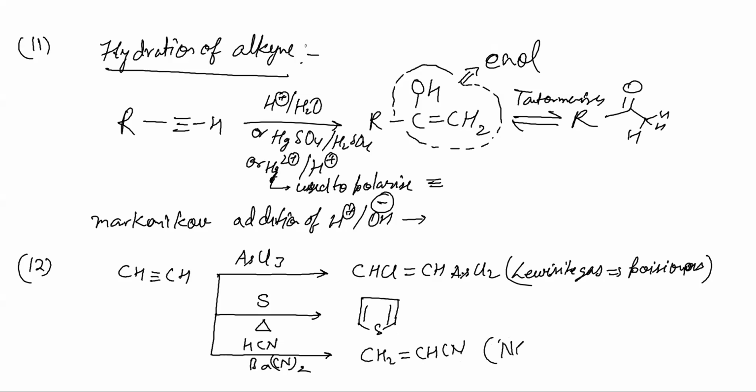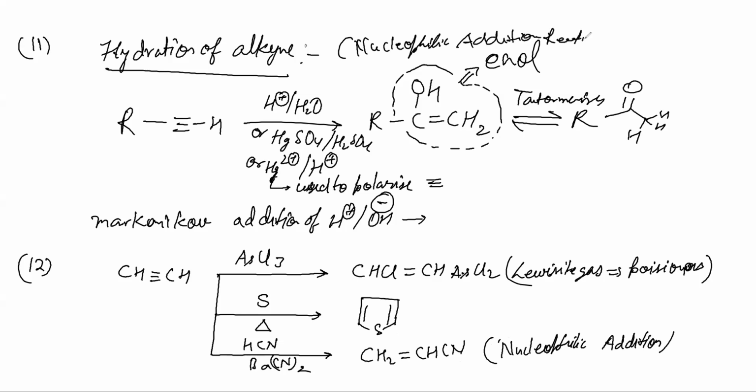It is an example of nucleophilic addition reaction. And hydration of alkyne is also an example of electrophilic addition. So alkyne gives both reactions, nucleophilic addition as well as electrophilic addition. Instead of Ba(CN)2, you can use NaCN also. No problem.